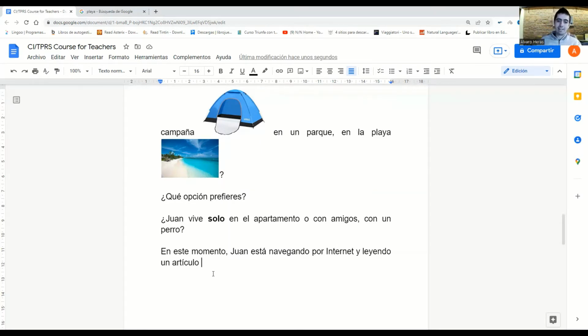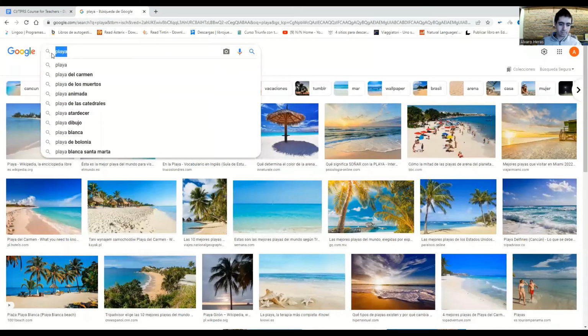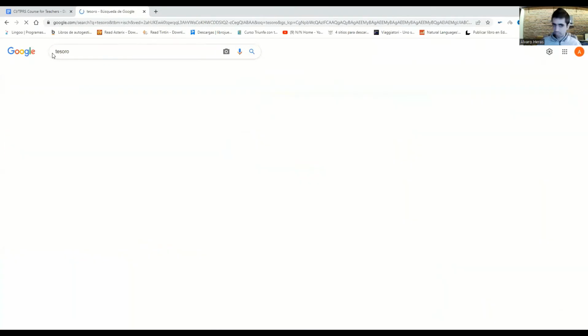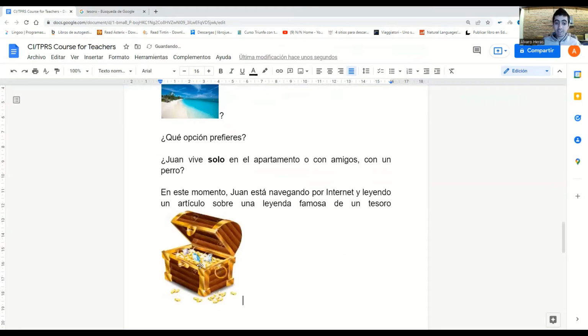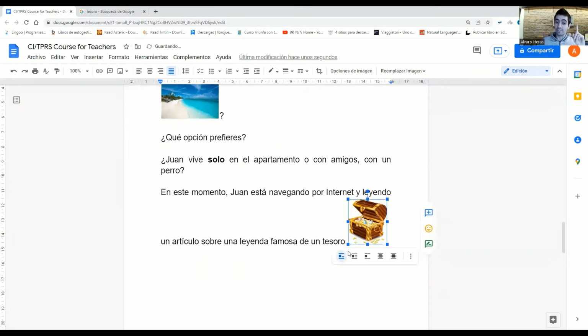Okay, entiendo. Leyendo un artículo sobre una leyenda famosa, ¿sí? Okay. Una leyenda famosa de un tesoro. Okay. Tesoro, yes, picture, yeah. Oh, okay. Una leyenda famosa de un tesoro, ¿sí?